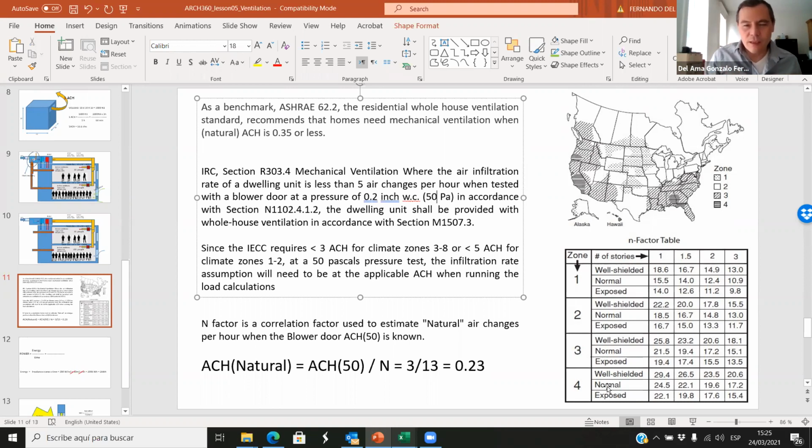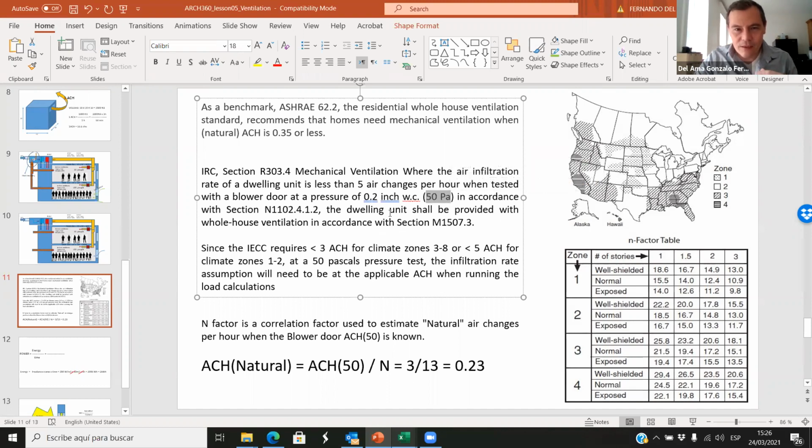Basically we're inflating a balloon. The balloon is expanding, and the pressure inside the balloon is pretty high. So when we open this, that's why we have created such a high pressure. This high pressure that we have to create with the blower door test is 50 pascals.